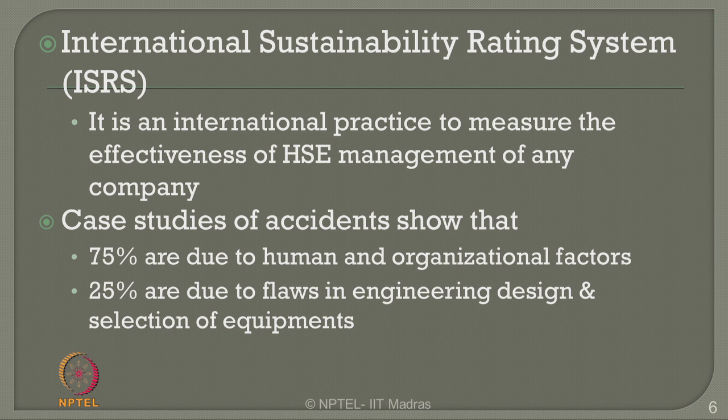We have also discussed a couple of interesting case studies. From the case studies we inferred that 75% of these accidents are essentially due to human and organizational factors. The remaining 25% arise from flaws in engineering design and selection of equipment.